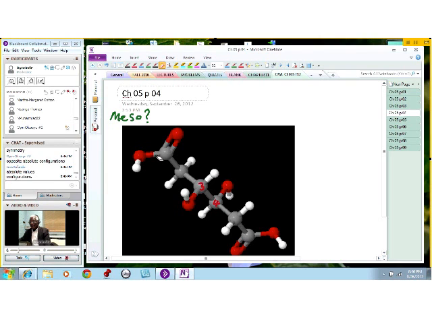So the chances are this could be a meso molecule, but how do you determine that? You determine that by the determination of the chirality, the absolute configuration of carbon 3 and carbon 4. So let us determine the absolute configuration of carbon 3 and 4.